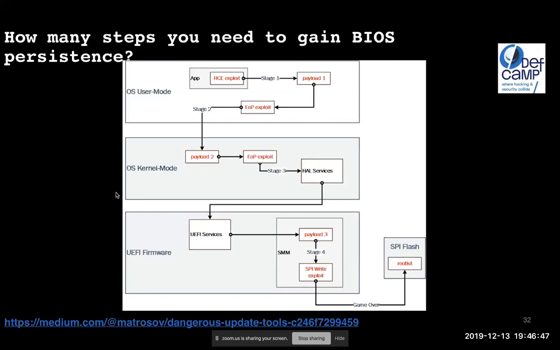And if the attacker is lucky enough and finds a vulnerability which allows him to gain code execution in SMM and deliver the payload there, in some ways it can have direct SPI Flash access. But there are also multiple ways even if you don't have enough permissions from SMM to attack SPI Flash, which we're talking about in our class.